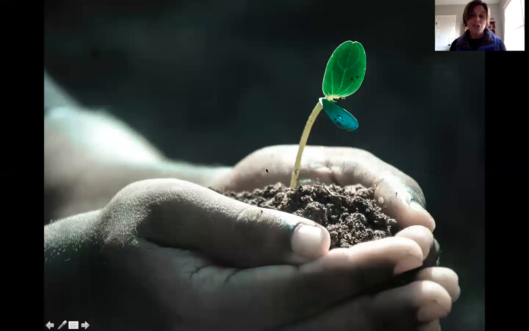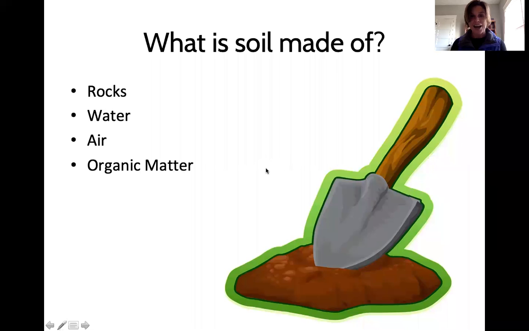If you were able to do the introductory exercise, activity, snack that was included in this packet, hopefully you enjoyed your s'more soil snack. You would learn that soil is made out of 4 different things: rocks, water, air, and organic matter.